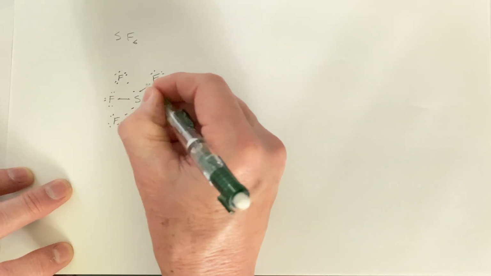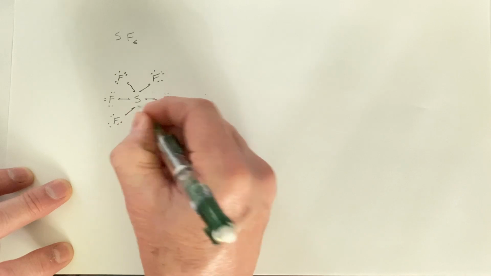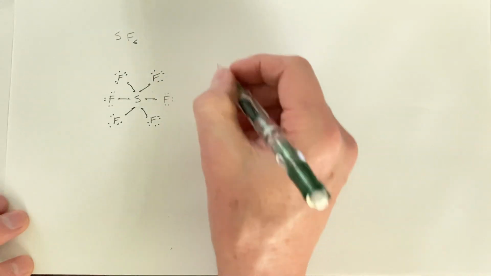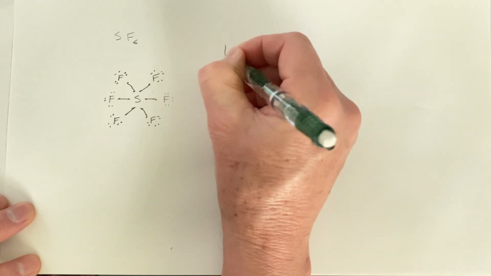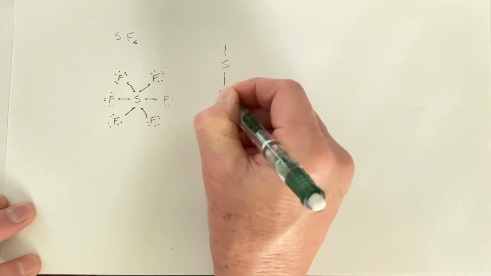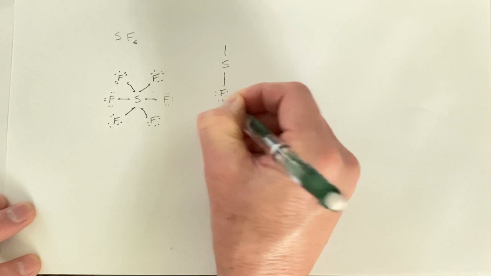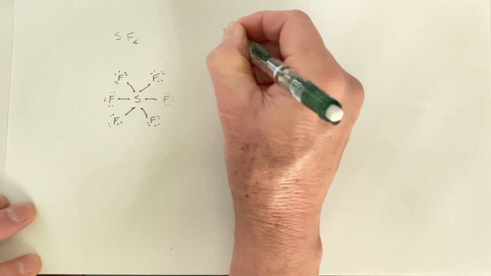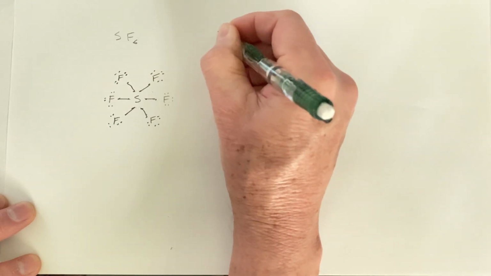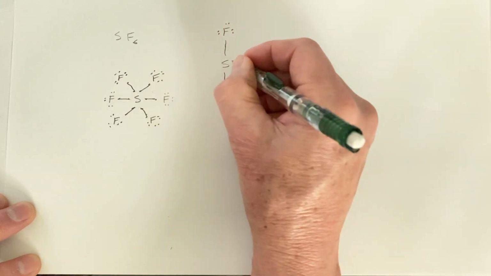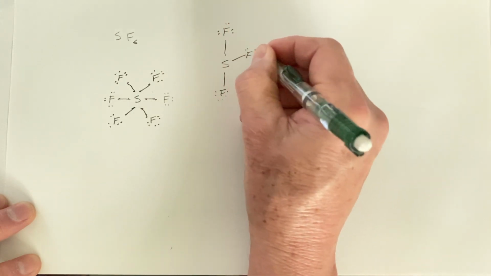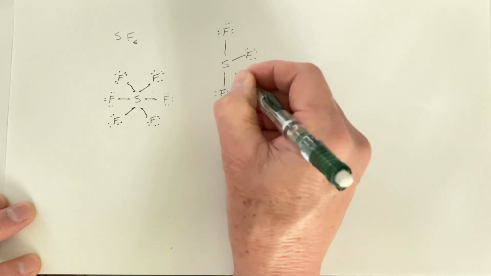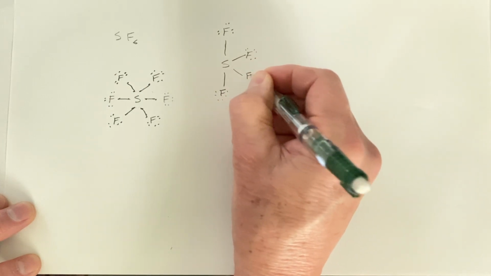We can make bonds. We have our 2 axial fluorines, and we have 4 equatorial fluorines.